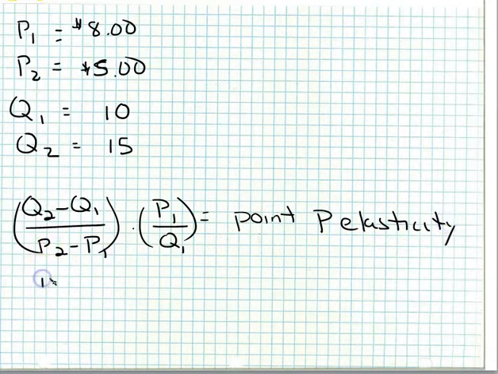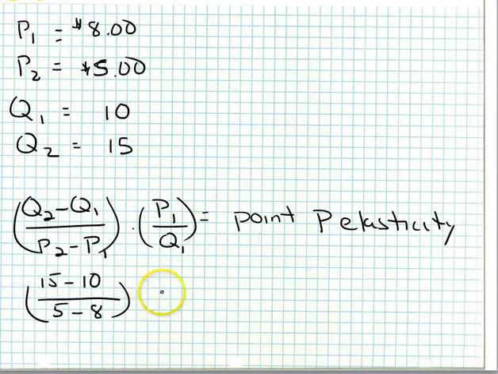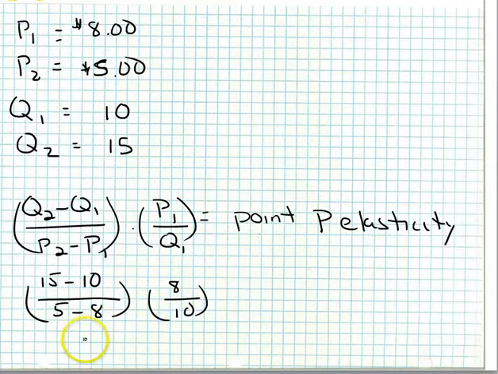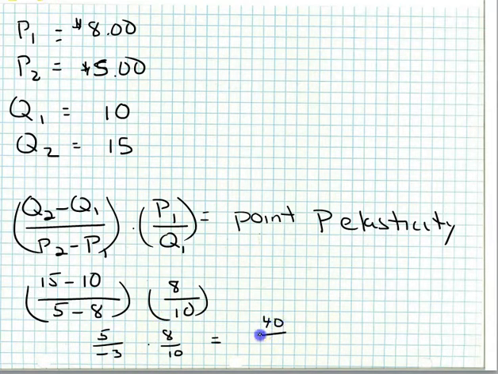And we'll just say (15 minus 10) over (5 minus 8) multiplied by 8 over 10 is equal to 5 over negative 3 times 8 over 10, or 40 over negative 30. And that equals 1.33.